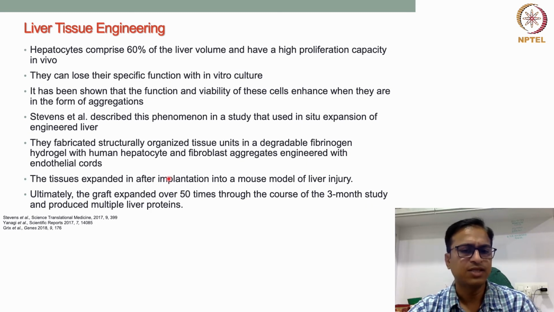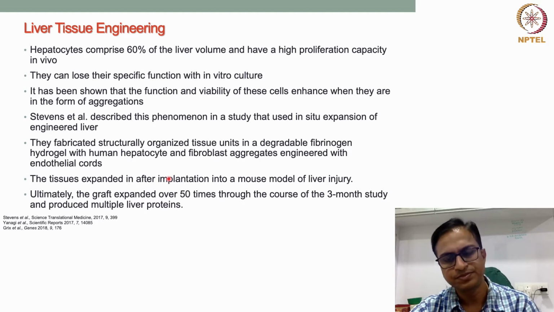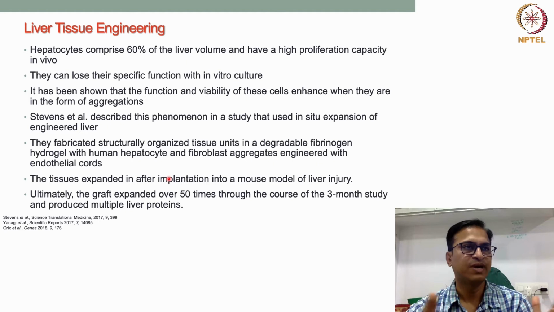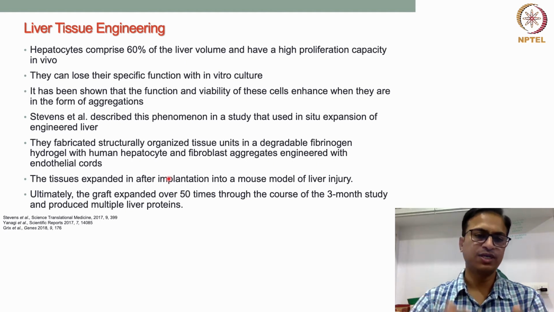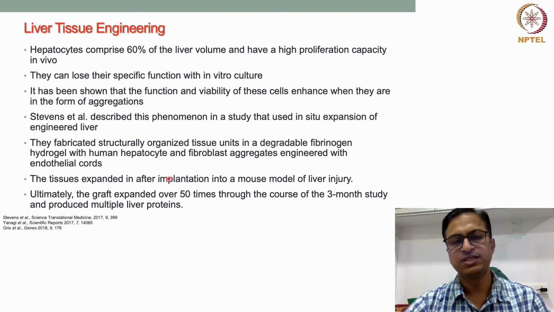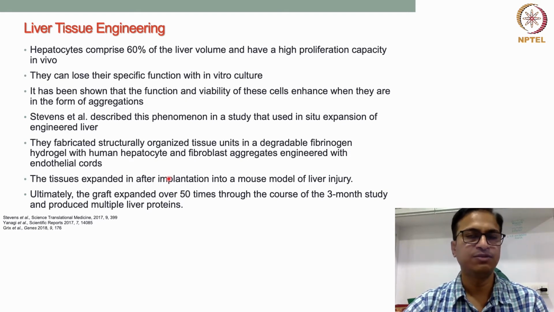There is another study by Stevens et al., which described that in situ expansion of these liver cells is possible by engineering the liver in that form of aggregation. If we induce aggregation of these cells and then culture them, the viability of these cells is enhanced, and we can culture them for a longer duration.